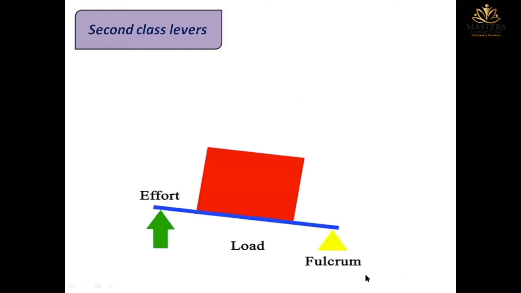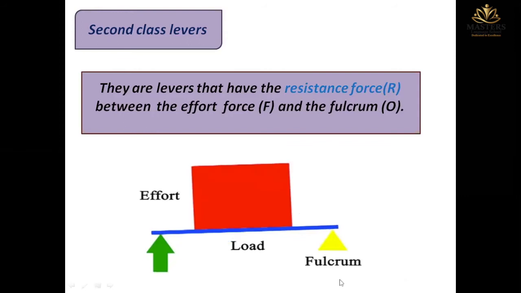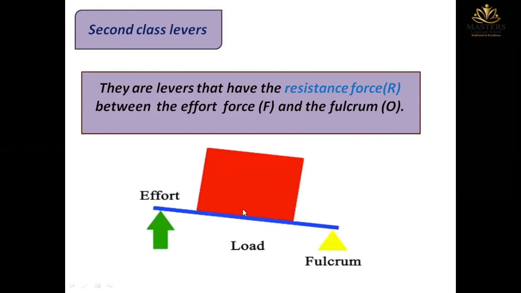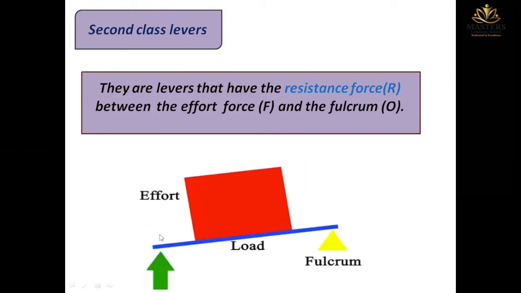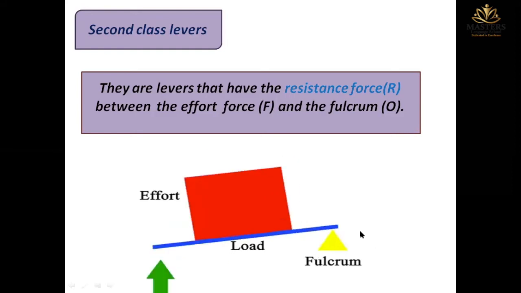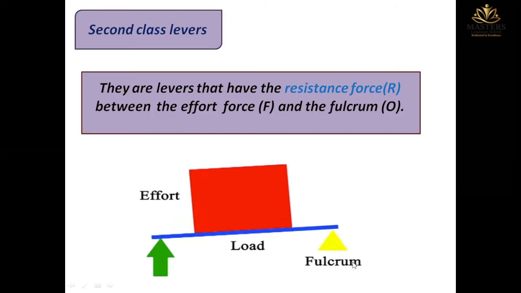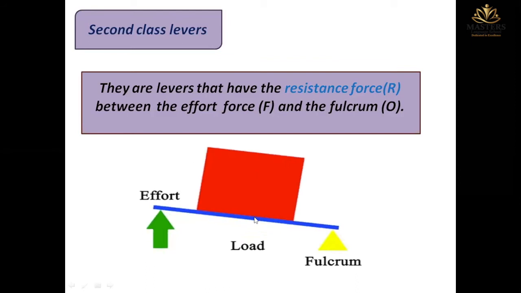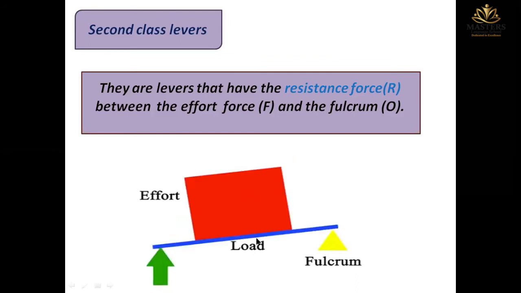Second-class levers. They are the levers that have the resistance force R between the effort force F and the fixed point, which is the fulcrum O. So in the middle, there is the resistance force.